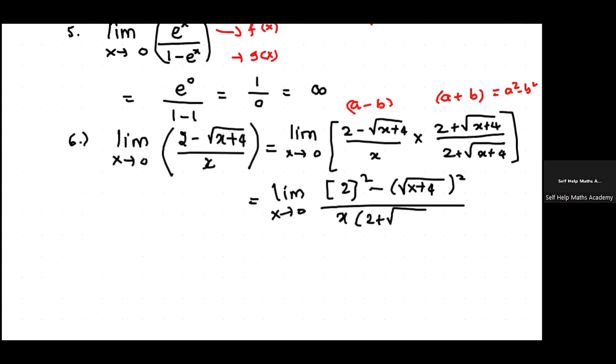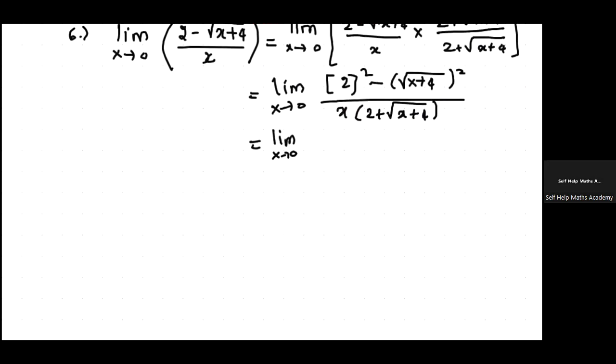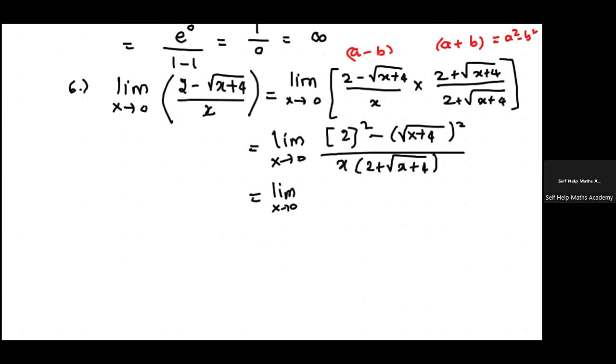Now simplify: here we get 4 minus, the square and square root cancel, it is simply x plus 4, divided by x into (2 plus square root of x plus 4).